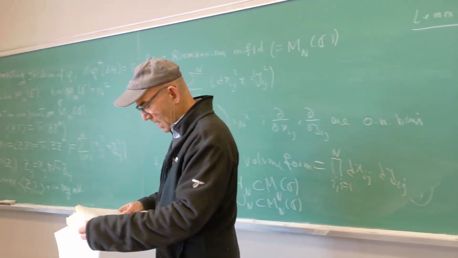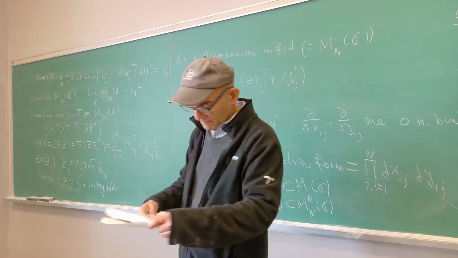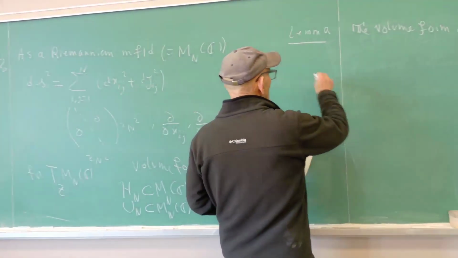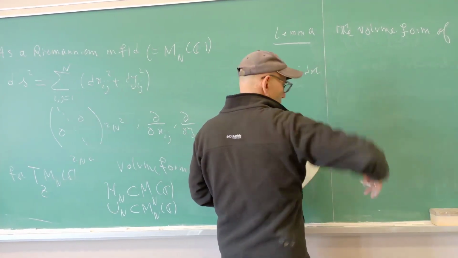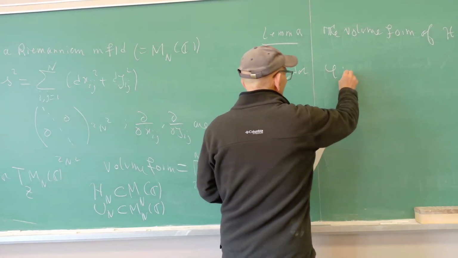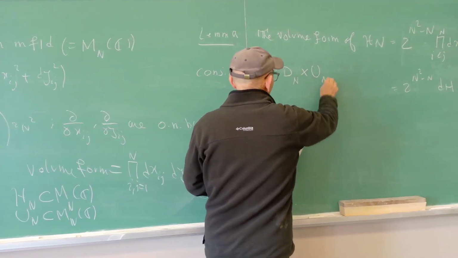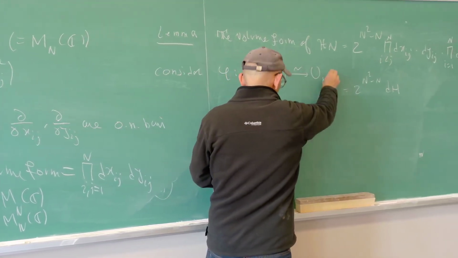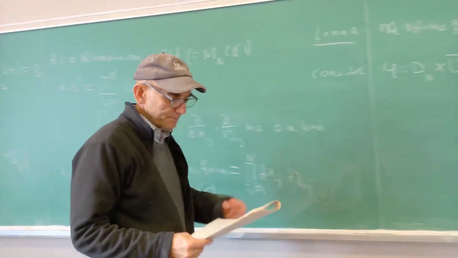I think now we are ready. So just one minute now. Again, consider this map, reduction to the eigenvalue space, phi, from D_n cross U_n bar going to H_n, this diffeomorphism that we have.